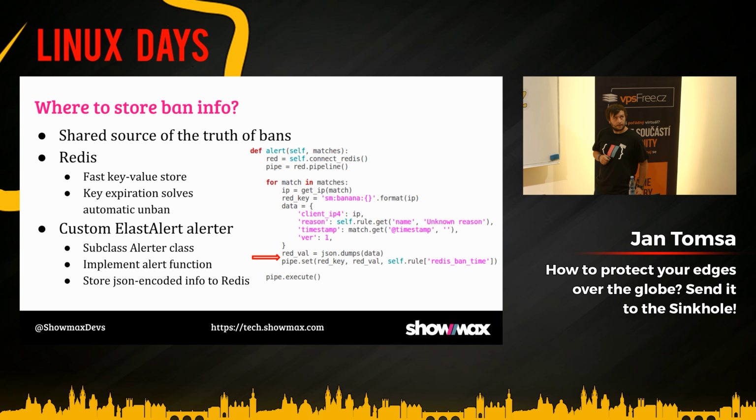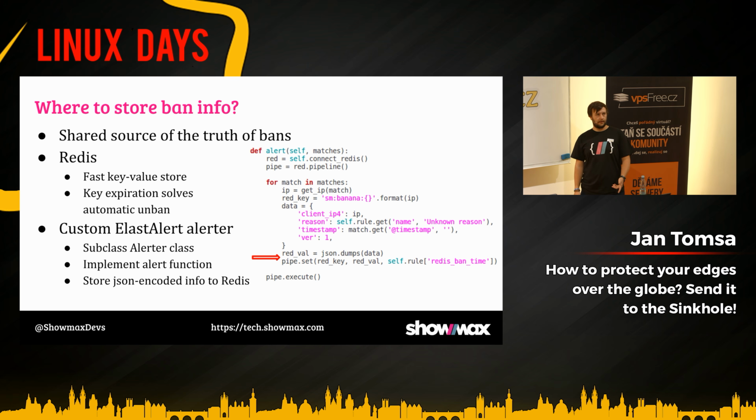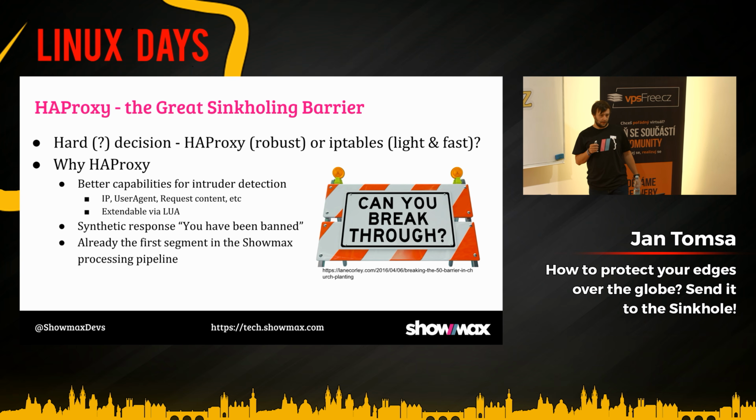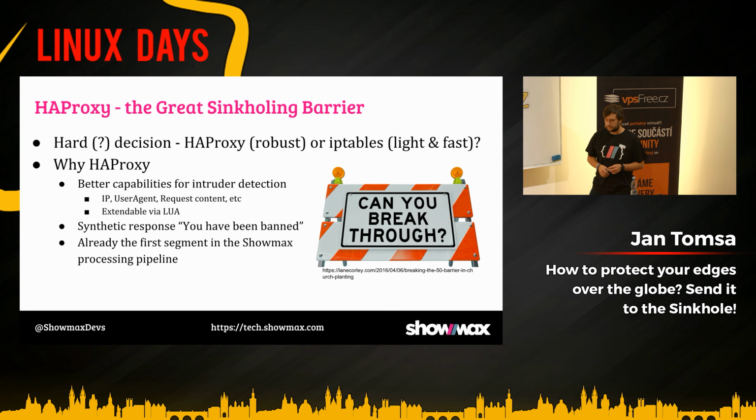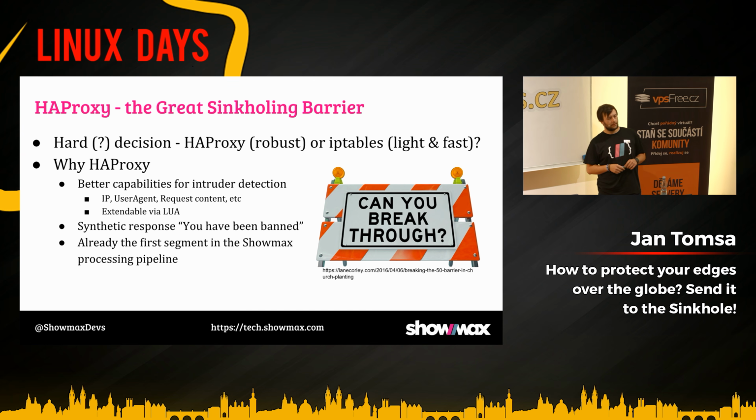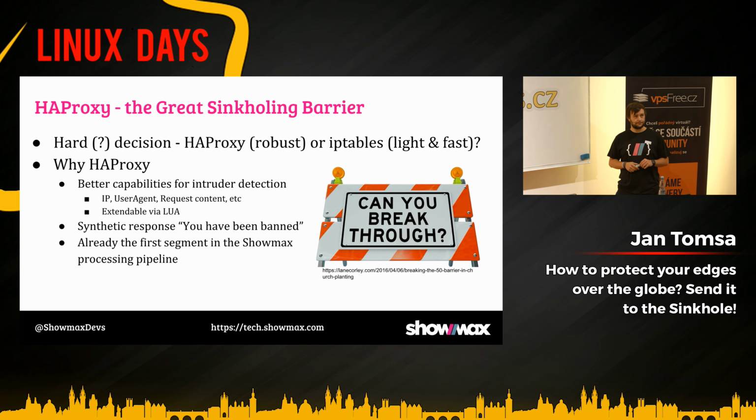Okay, so now we know how to find the offenders and how to store information about them, and now comes the part where we will be blocking them. We had a decision to make. We were deciding between HAProxy or iptables.